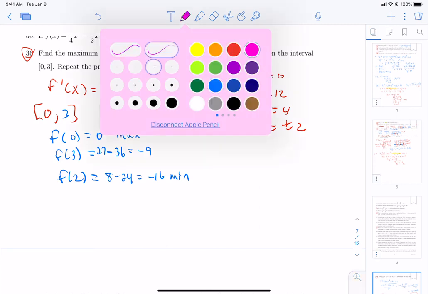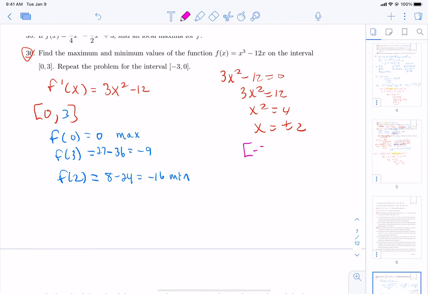Now, if we repeat the problem, this time on the interval from negative 3 to 0, we only include the endpoints, negative 3 and 0. And the only critical number that's in there this time is negative 2. So you've got to be careful with that. If you plug in negative 3, you get negative 27 plus 36, or 9.